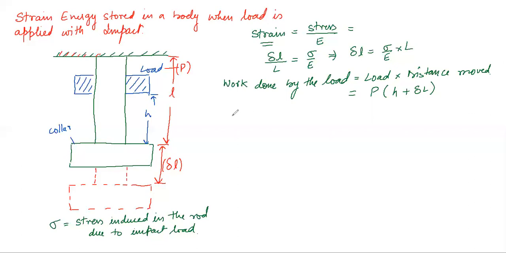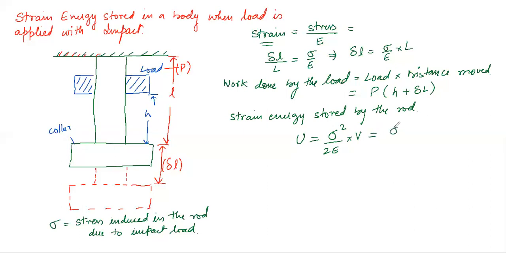Based on this, the strain energy stored by the rod is given as U is equal to sigma square by 2E into volume.